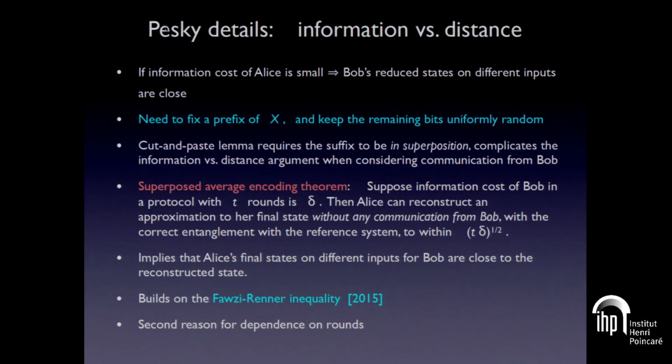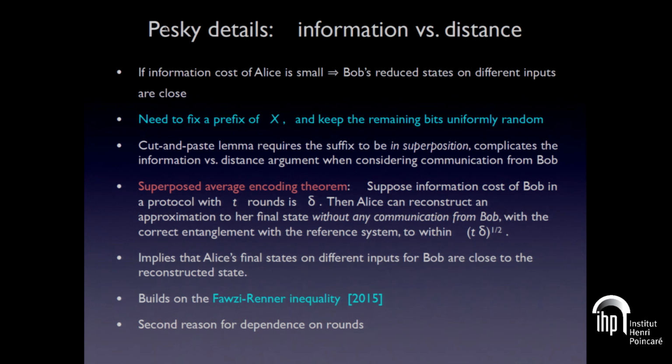Now, the statement of the theorem, at least informally, is quite easy to understand. What it's saying is that if you have a protocol in which one party is revealing very little information about her input, let's say delta, and this is done incrementally over t rounds, measured with respect to this notion of quantum information cost, then the recipient can simply ignore all the messages and try to reconstruct the final reduced state on his part with very high accuracy.